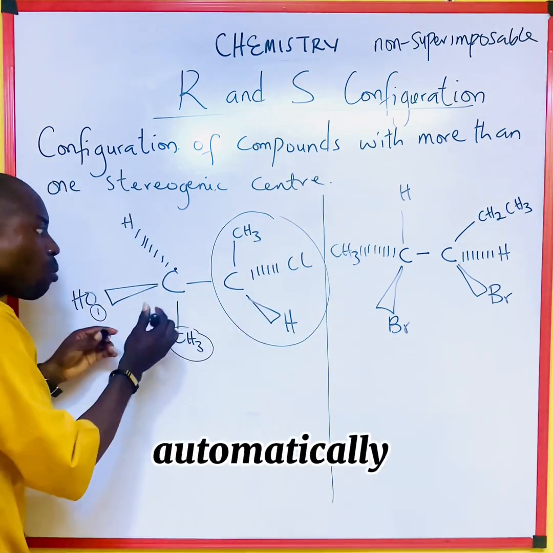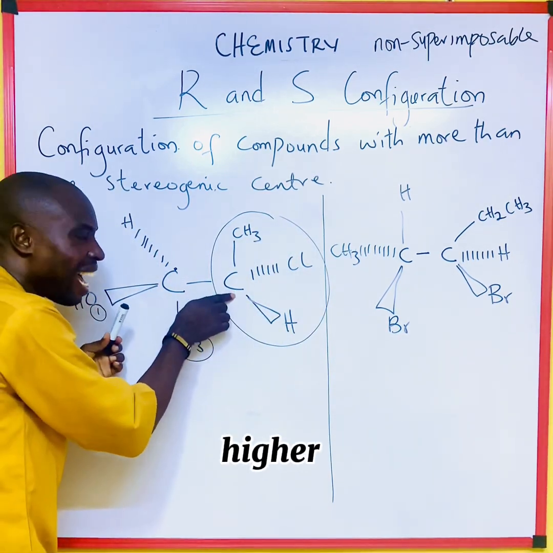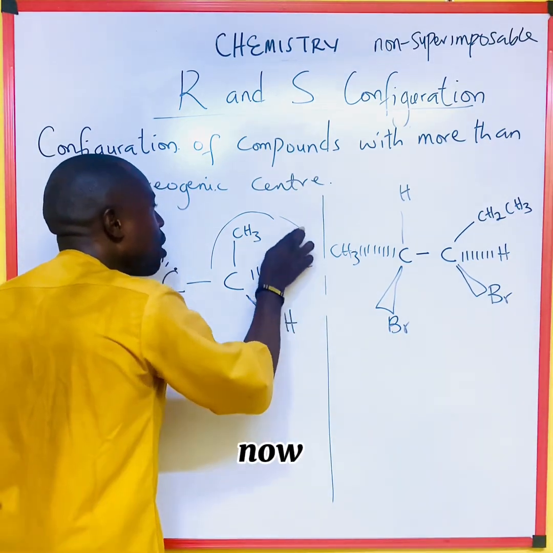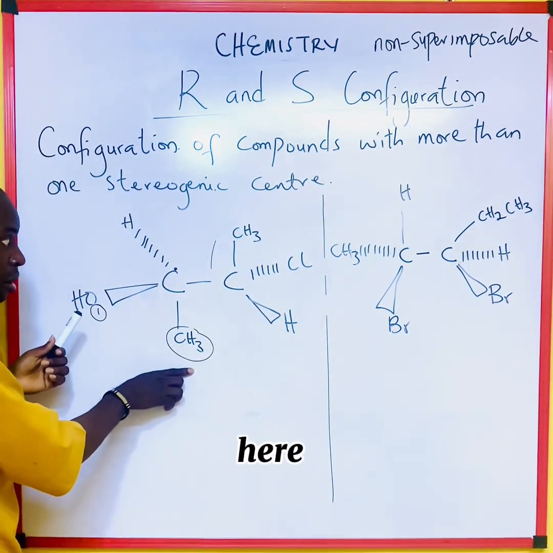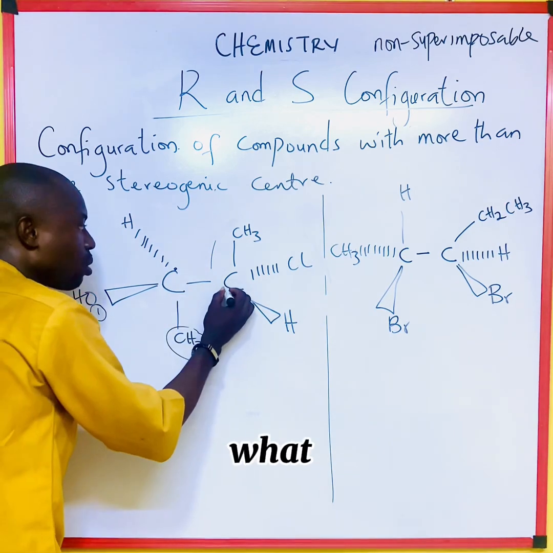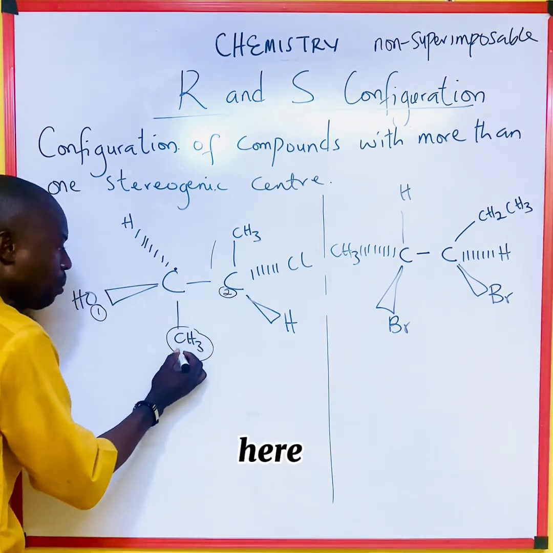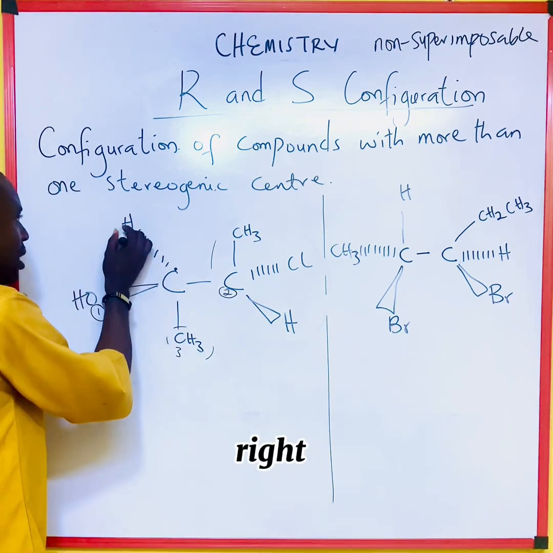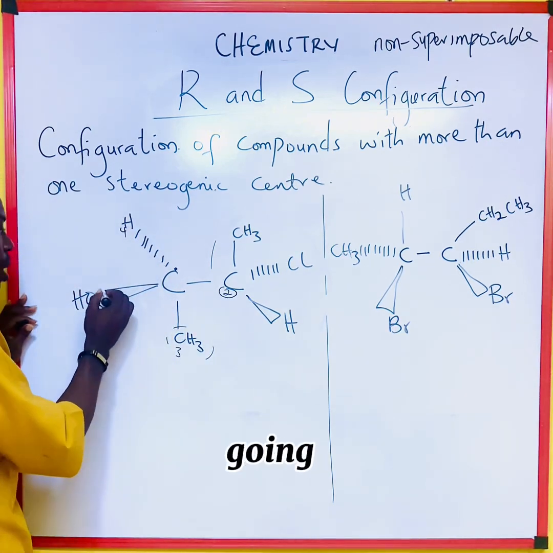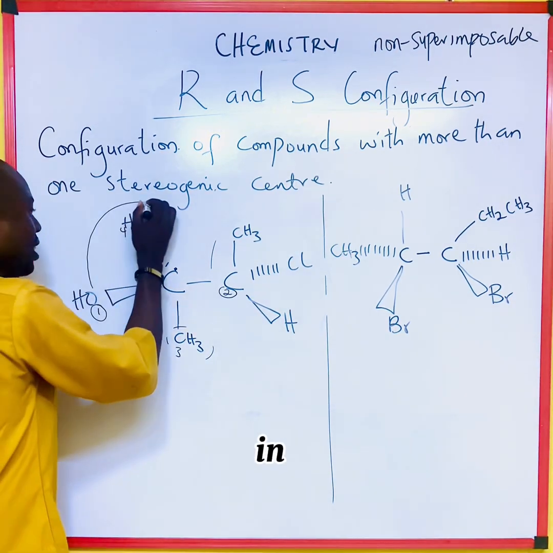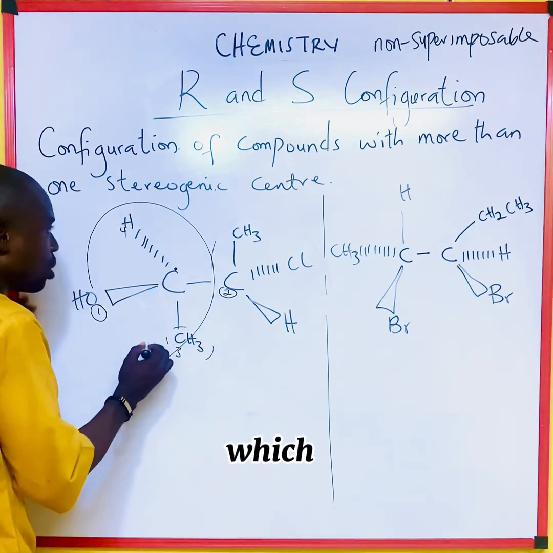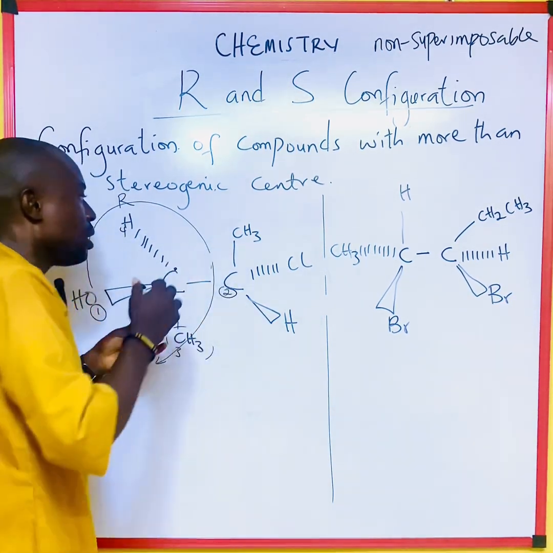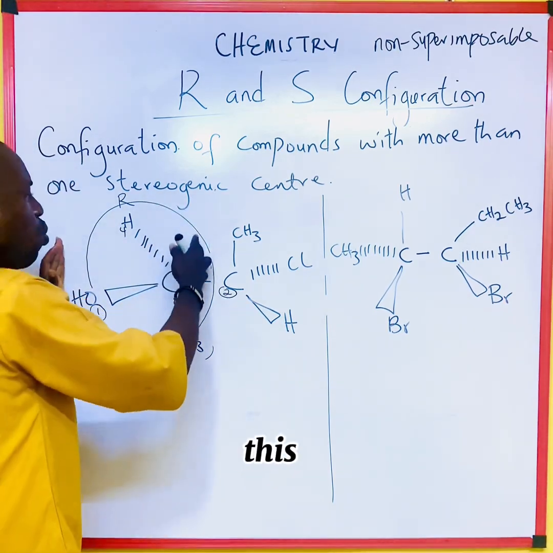Automatically, this one is of higher priority compared to this carbon here. So here becomes 2, and here becomes 3, the least. If you look at the way it is going, it is going in this arrow direction. Is that clear?